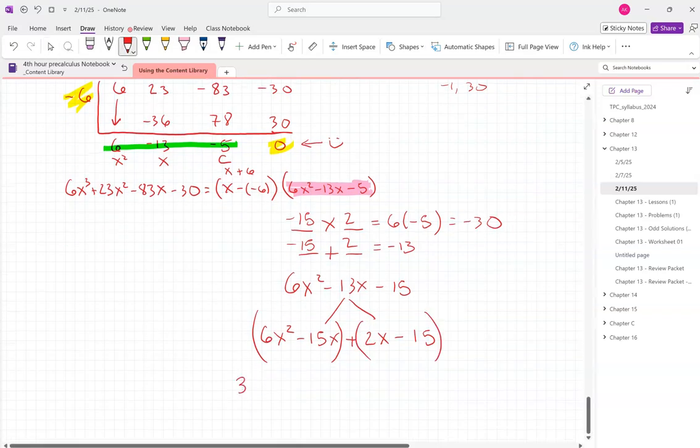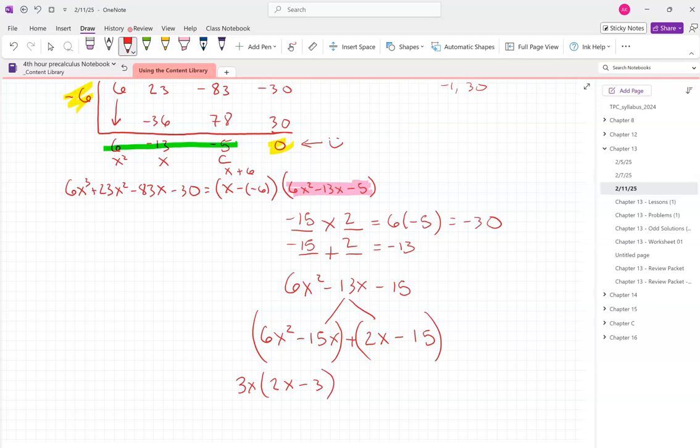So from the first group, we can take out a greatest common factor of 3x. Oops. And from the second group, we can take out a, stupid, it's a 5 there. A nothing, right? So I'll just put a 1 there.